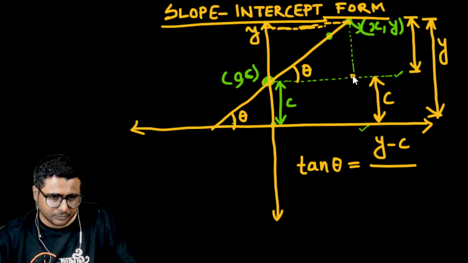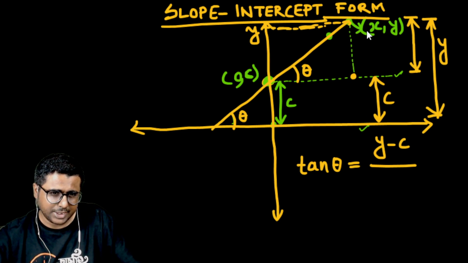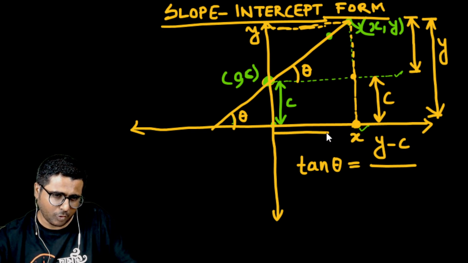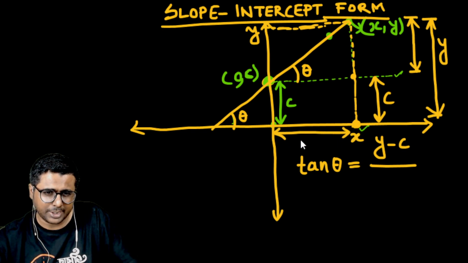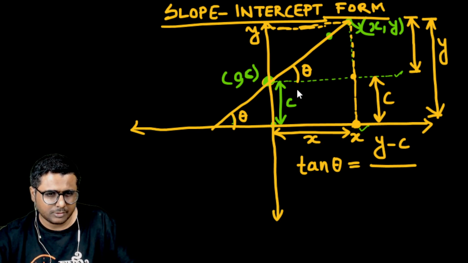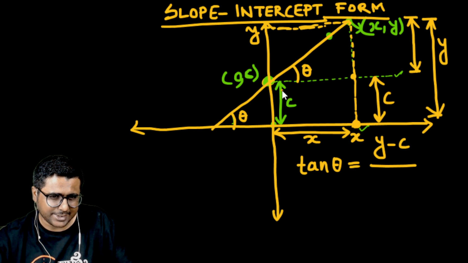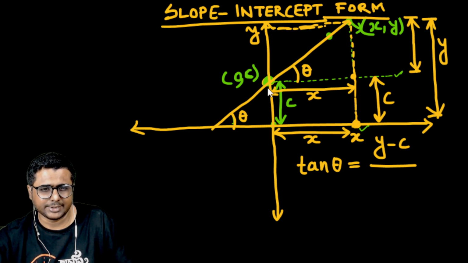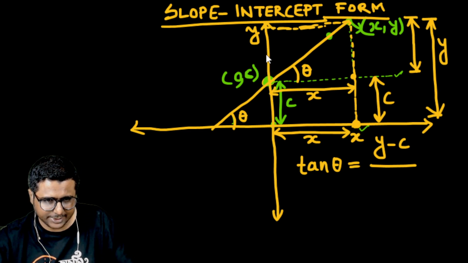Now this position is x comma y, that means if I go to this axis, this is x, that means the distance from origin to this point is nothing but x. So I can easily say the base over here is nothing but x minus 0, because at this position x is 0, on the y axis x is 0.